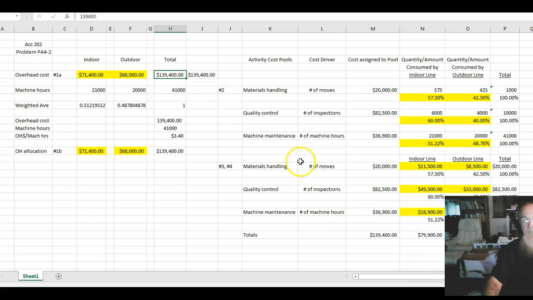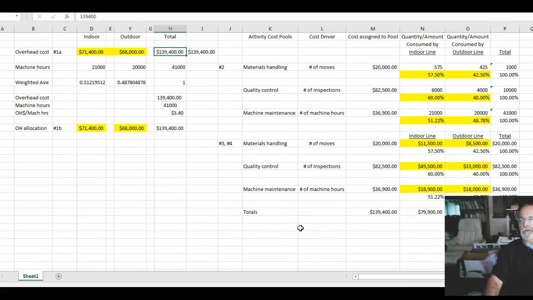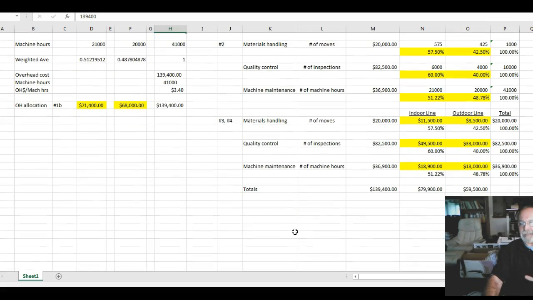So you see the difference here between traditional costing and activity-based costing. In traditional costing, we're using a single amount of overhead, and we're allocating it based on one factor or one cost driver, in this case machine hours. Whereas in ABC or activity-based costing, we're refining it.